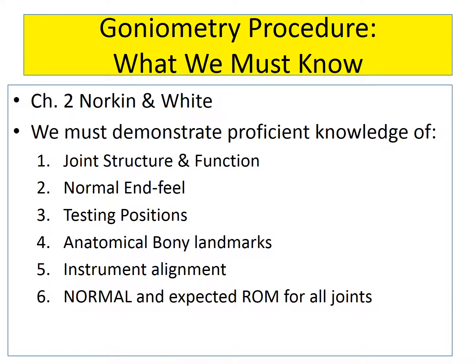You will have to know what are the testing positions. If I am measuring shoulder flexion, what position does my patient need to be in? You will need to know your anatomical bony landmarks so that you can align your goniometer appropriately. You will have to know specifically where I have to align it to the bony landmark. And then you have to know what is normal, what is expected when you're measuring in order to know if it's abnormal.